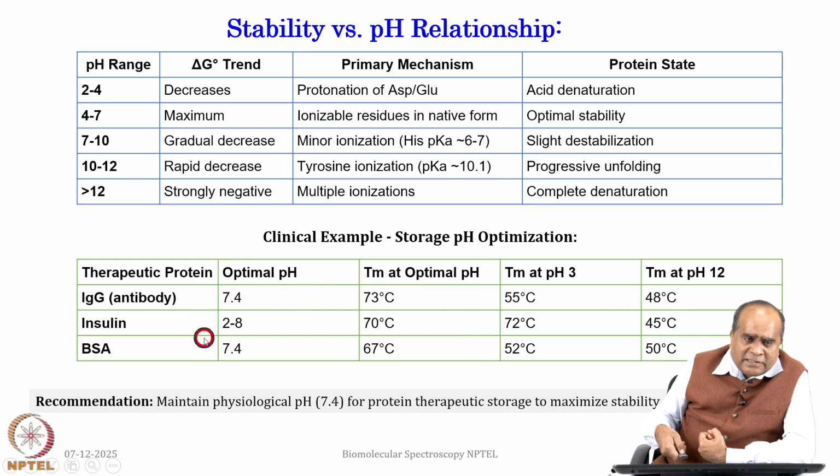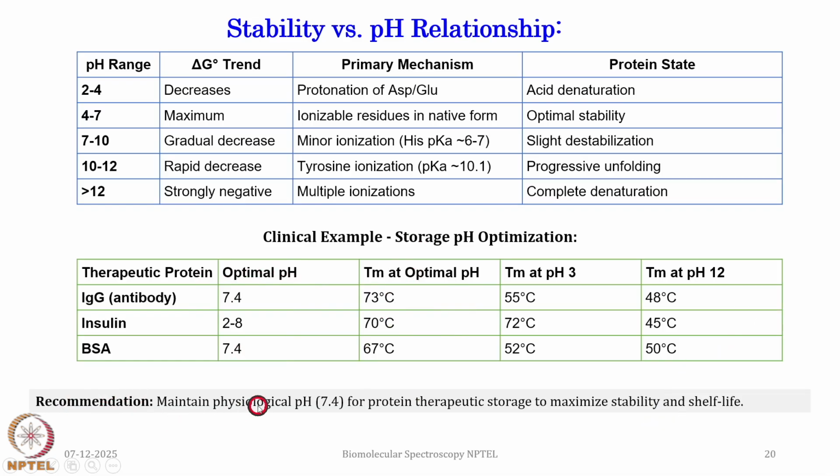So, if we put the protein in this range, the stability of the protein is good. That means we should maintain the physiological pH of 7.4 for most therapeutic proteins to maintain stability and shelf life. Proteins should be stored at a temperature of 2 to 8, and the formulation should be within this range, right, around physiological pH.